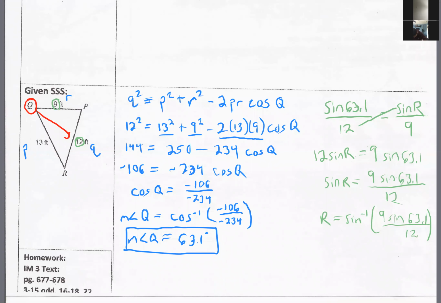Plug that into your calculator. That gives you the measure of angle R. So inverse sine of 9 sine 63.1 divided by 12. 55.6.